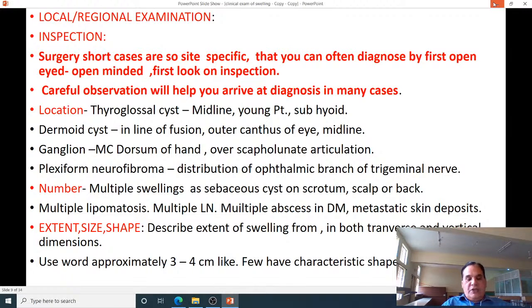What you are supposed to say: sir, this is a 2 centimeter by 2 centimeter swelling occurring over the dorsum of the wrist, or it is on the mid thigh. Similarly, if possible, try to describe the shape, because shape also is many times very particular, because on the chest if swelling is a butterfly shaped swelling, diagnosis is made, it is a keloid.